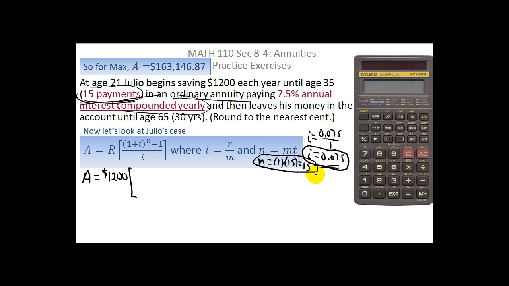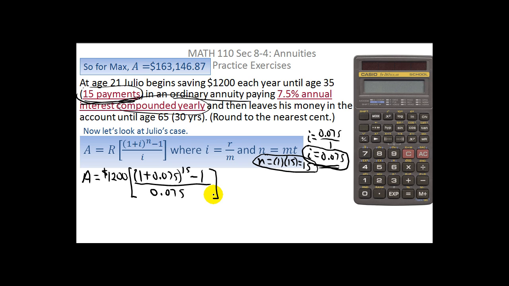We plug these in, so we get 1 plus 0.075, raised to the n power, which is 15, minus 1, all over 0.075.